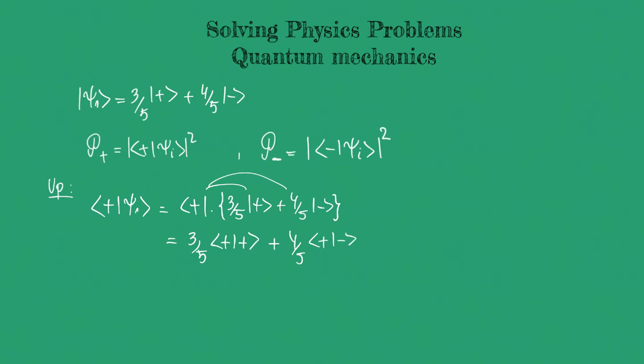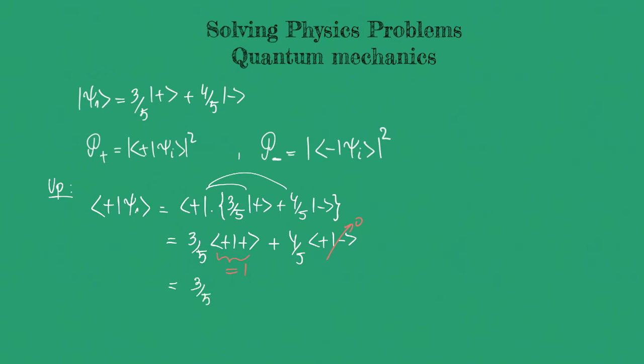As we discussed before, this must be equal to 0 and this term here equal to 1, and it brings us to 3/5.